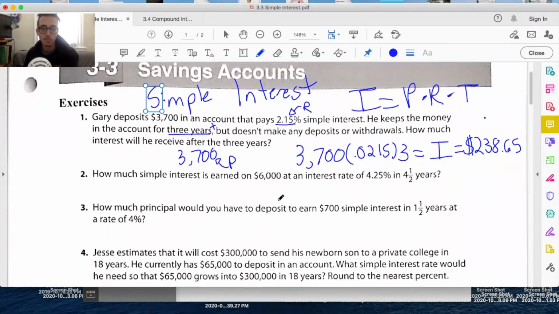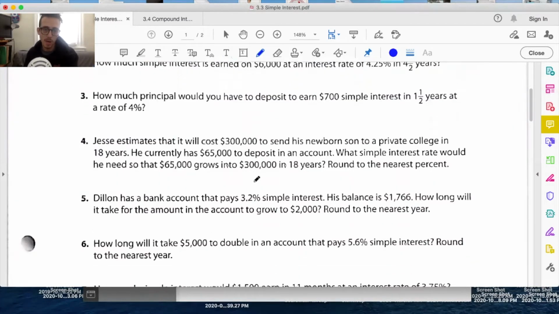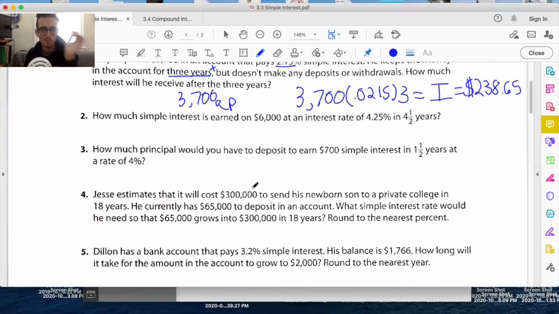How much principal, and I'll kind of hop around. I might just do the odds, but we'll see. How much principal would you have to deposit to earn $700 simple interest in 1.5 years at a rate of 4%? Okay, so this is asking what the principal is if we have this as our interest, which we know, we have this as our time, and we have this as our rate.